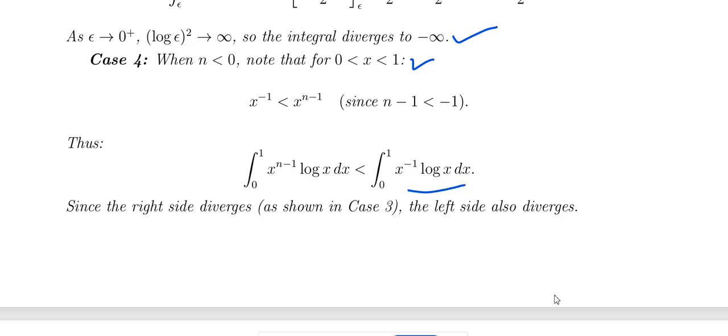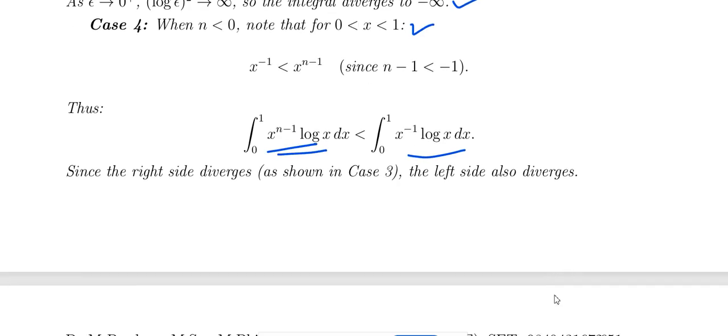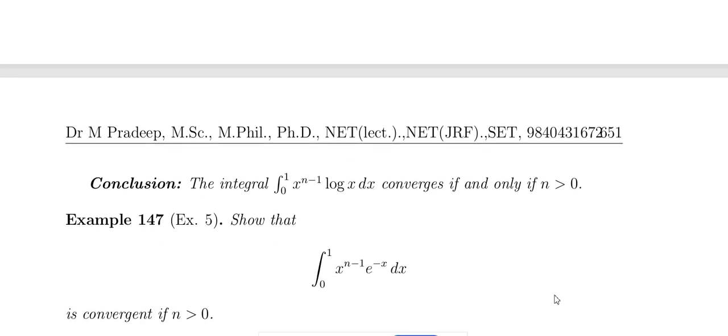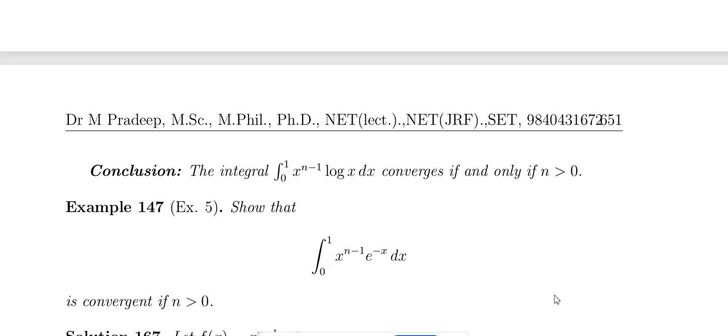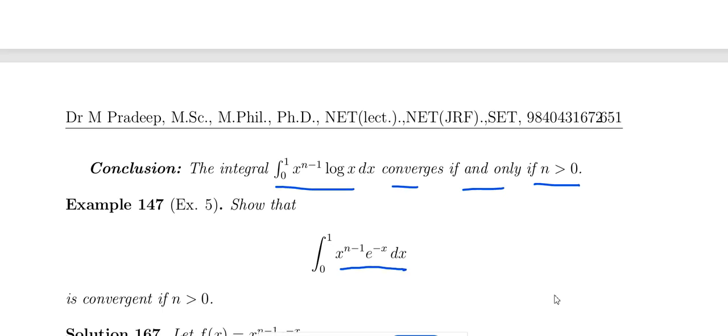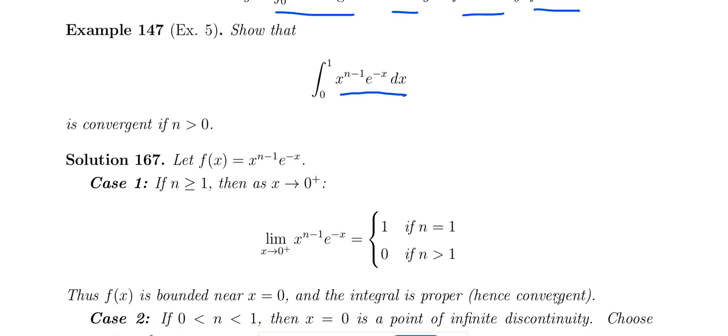We have already discussed that this diverges, so this diverges too. Here we apply the comparison test. Therefore the conclusion is that the integral converges if and only if n is greater than 0. So the integral from 0 to 1 of x power n minus 1 e power minus x converges if and only if n is greater than 0.